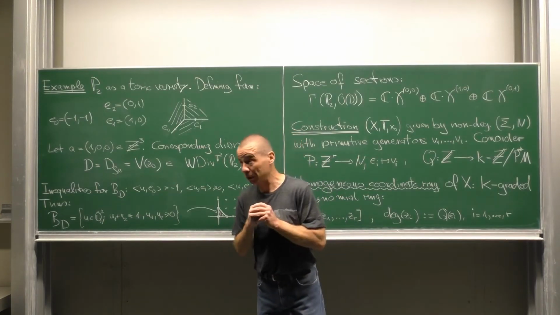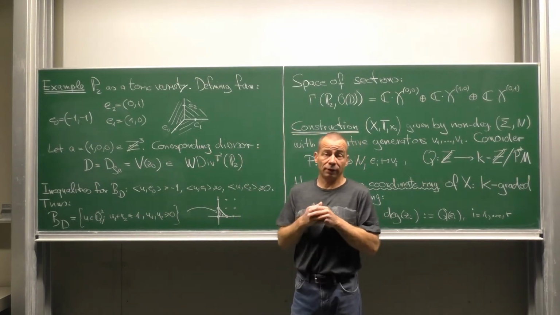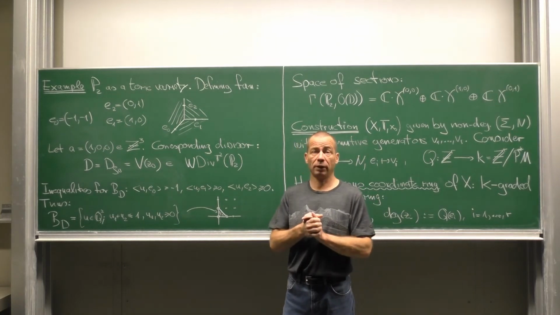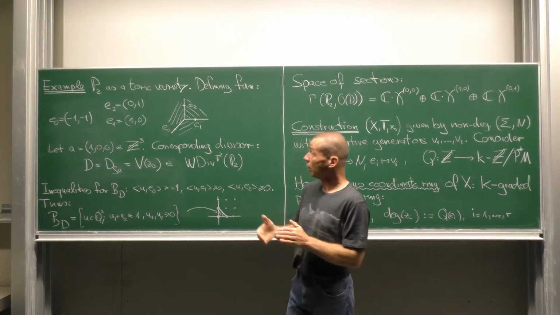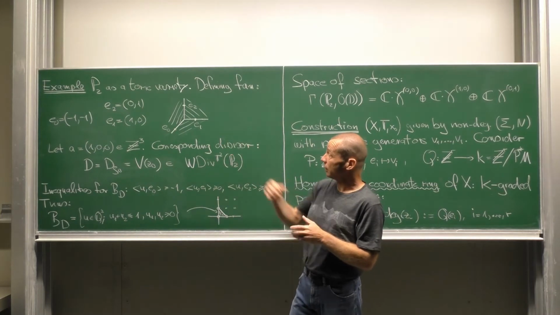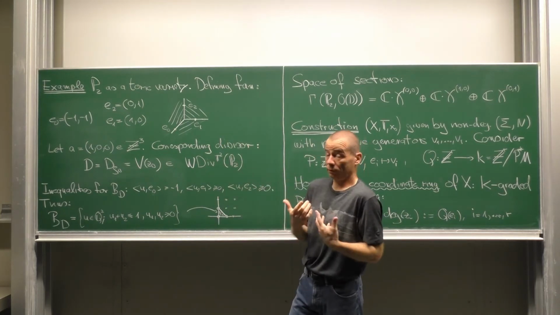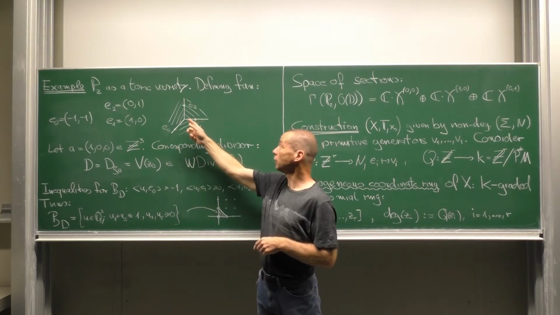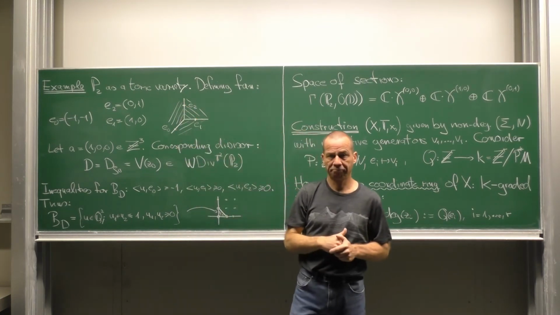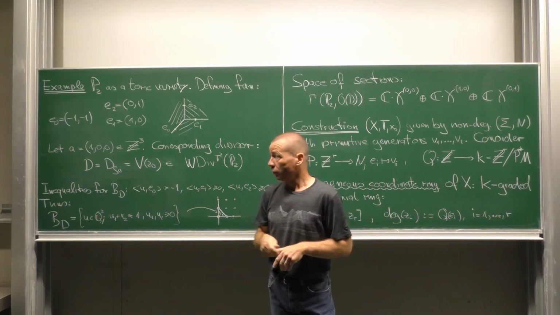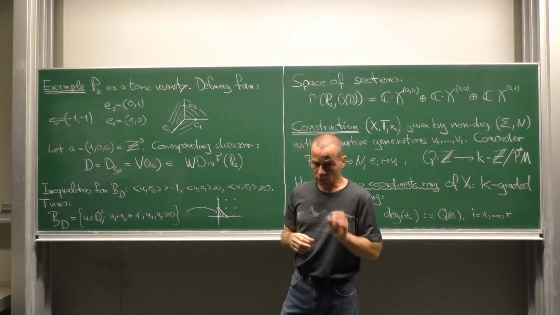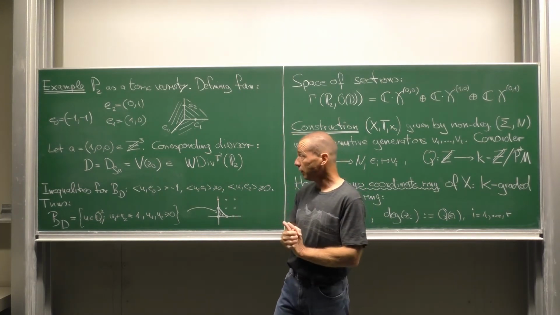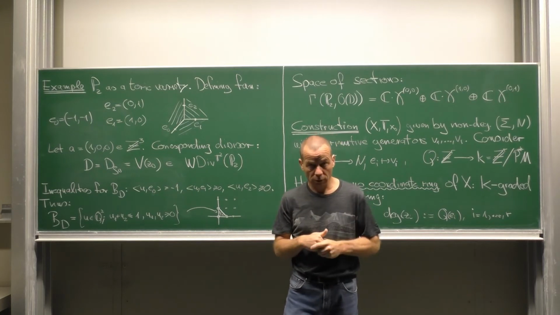Here is an example. Look again at the projective plane, this time as a toric variety. Here's a defining fan with the primitive generators (-1,-1), (1,0), (0,1). We take the vector A equal (1,0,0) in Z^3 and look at the corresponding divisor.